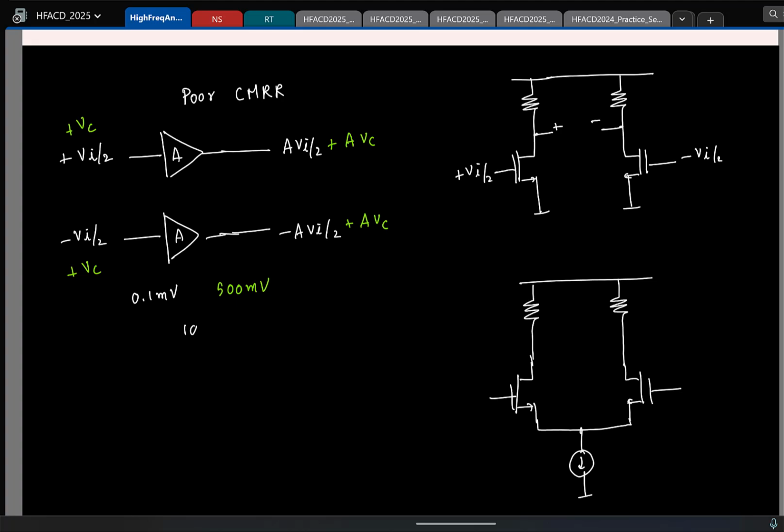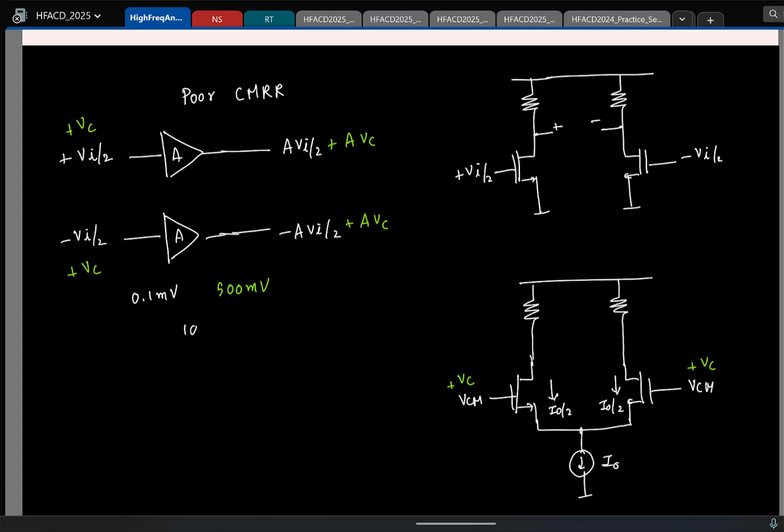Now let us say initially you have only the bias voltage applied. This is a current. So what can you say about the two currents? Fine. Now let us say the differential signal is not present, or let us say it's very small. You have the interfering signal getting added here.